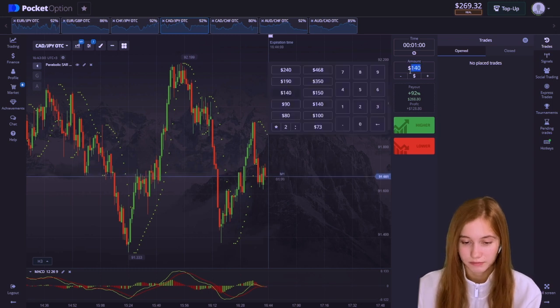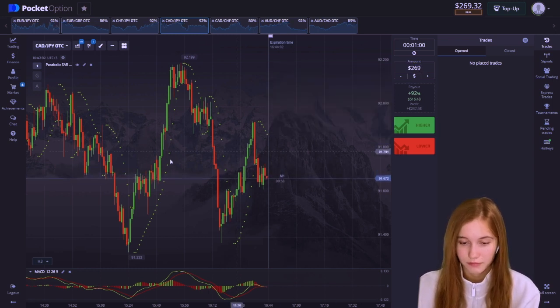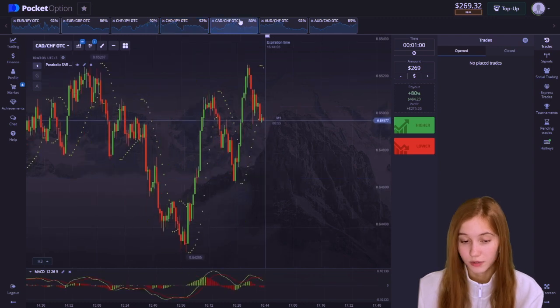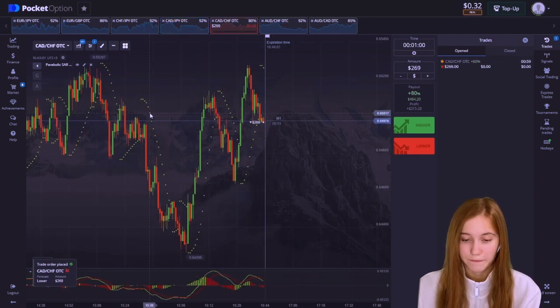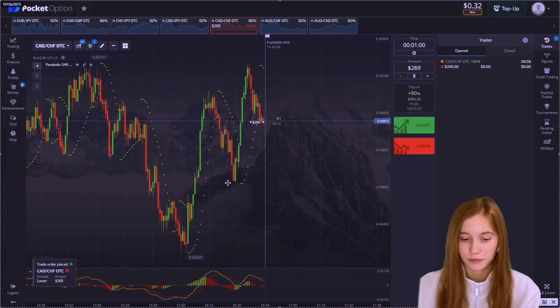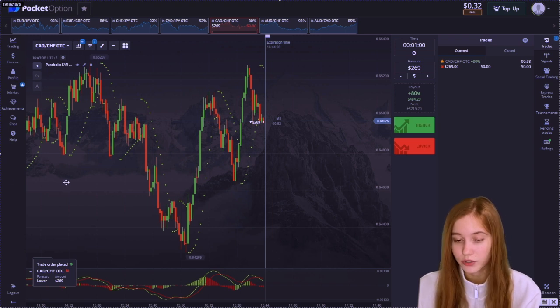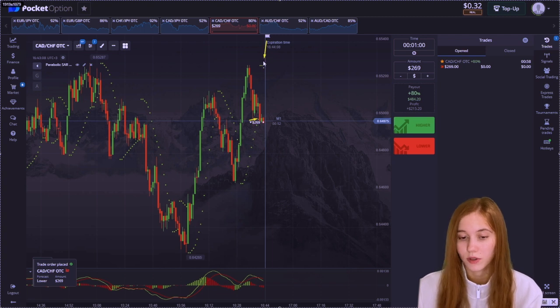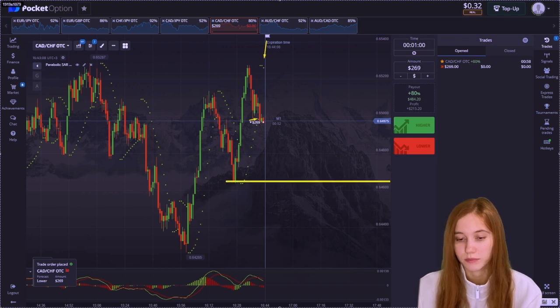$269. Here we are, down deal. By Parabolic we see a change of our trend. At this point we begin to find an upper position. Further, what we see by technical analysis, it's going down, so we'll approximately move towards this level of support. Red prevails.